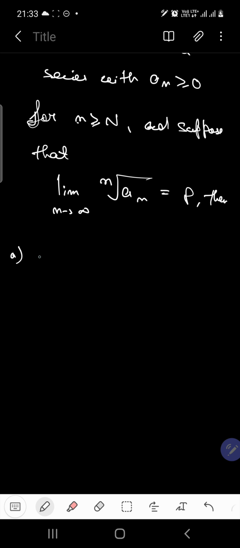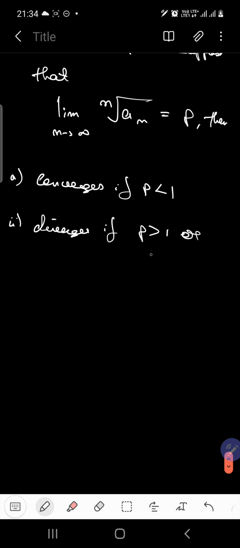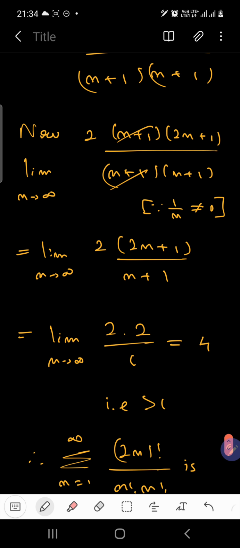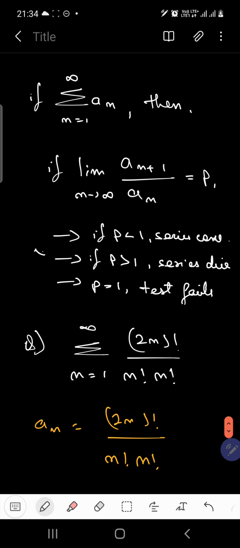The series converges if p is less than 1, diverges if p is greater than 1. Or p can be infinite also, right? In the above also this is applicable. I'm writing it here. p can be infinite.